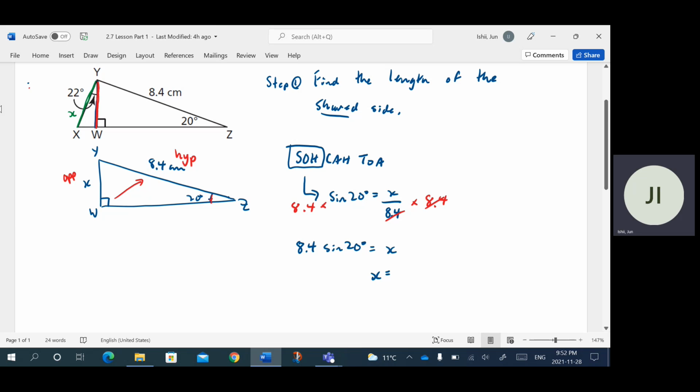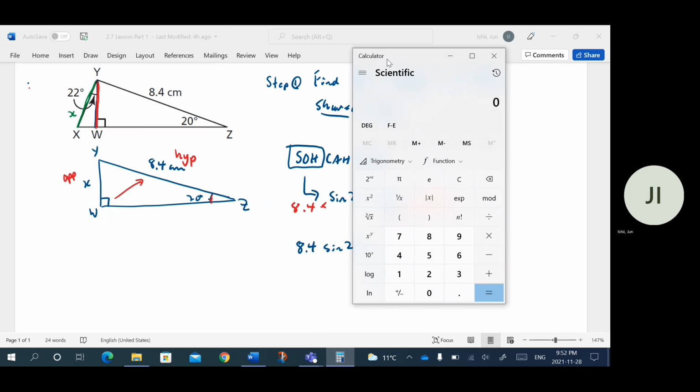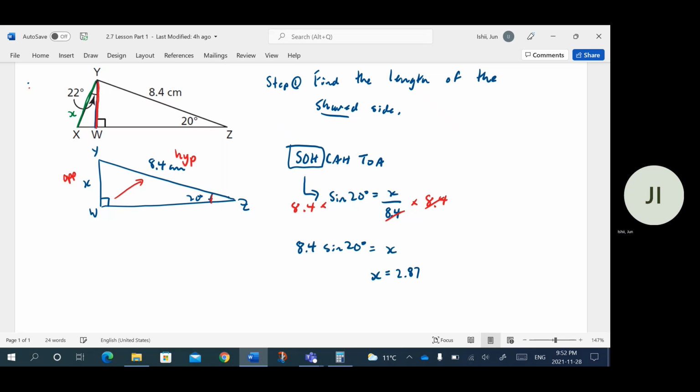Let me punch that into the calculator. 8.4 times the sine of 20 equals 2.87 centimeters. So that is the length of the shared side. This side right here is 2.87.